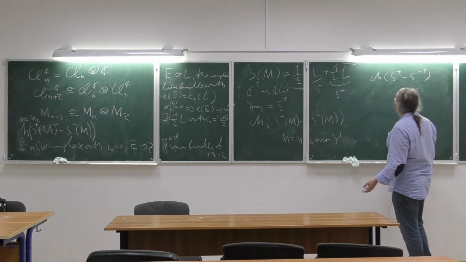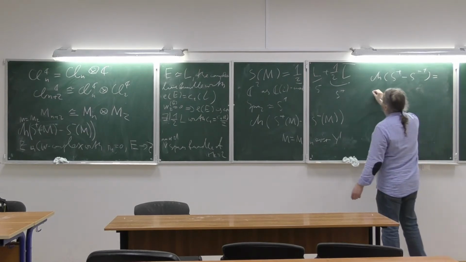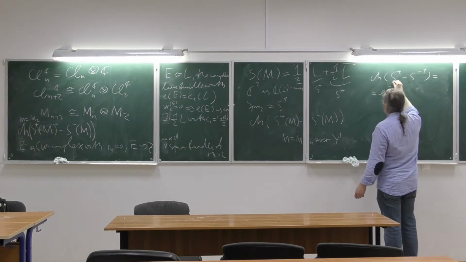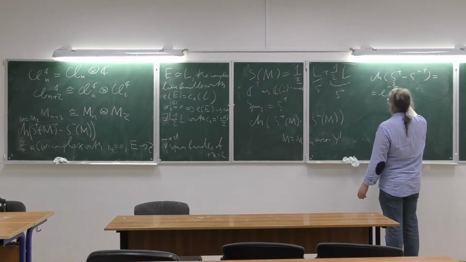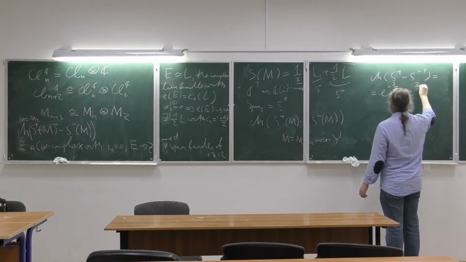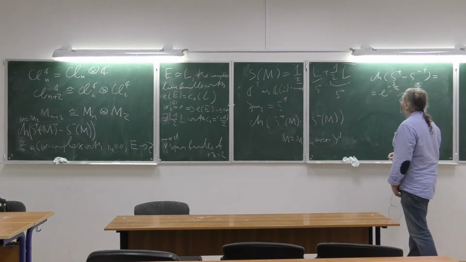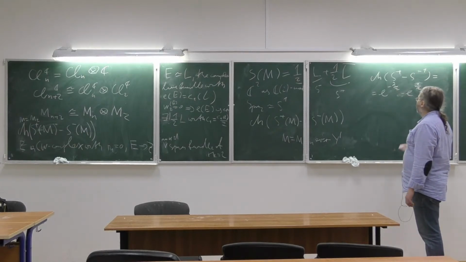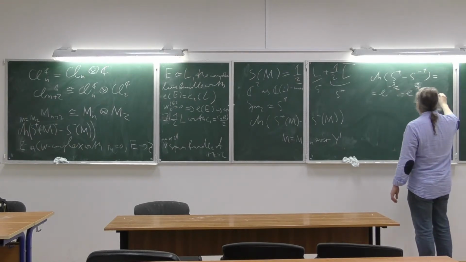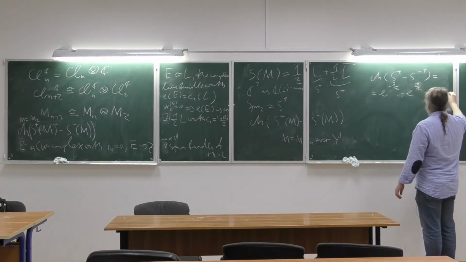Well, it's e to the minus x over 2 minus e to the x over 2, where x is C1 of L.